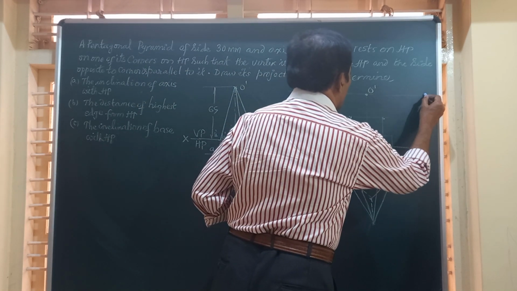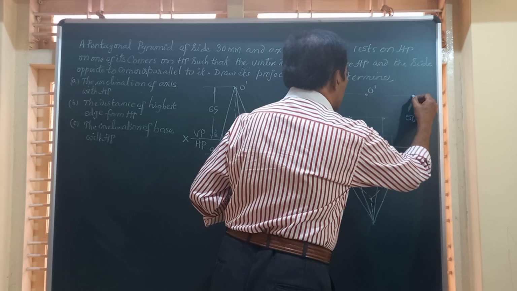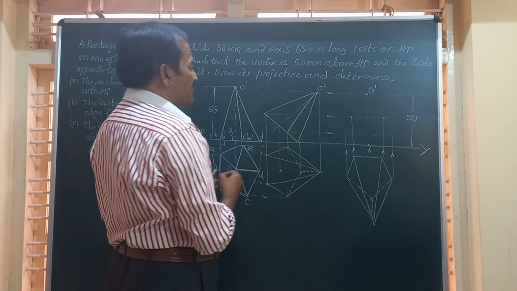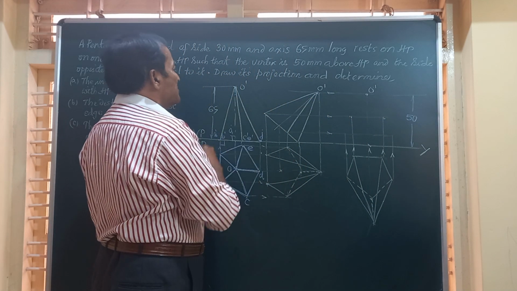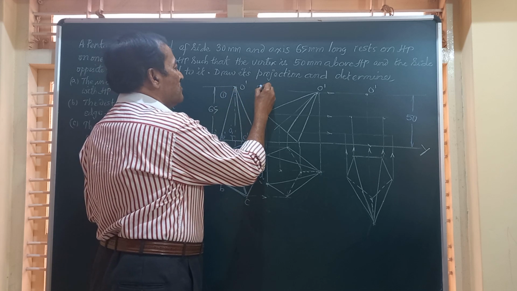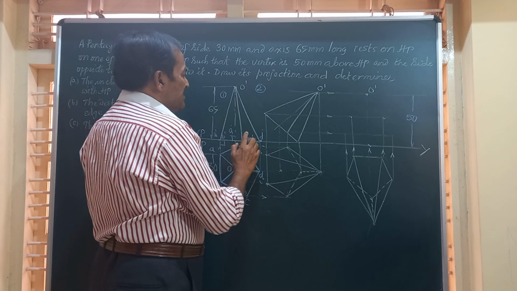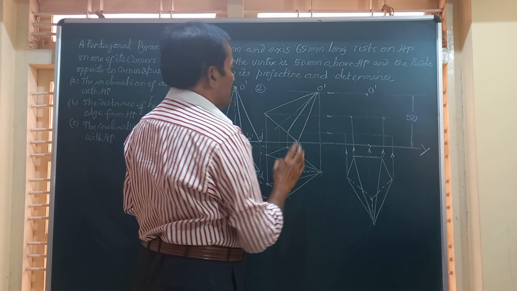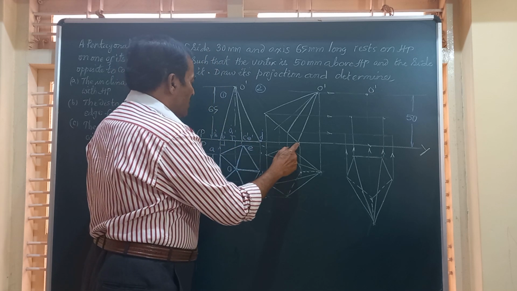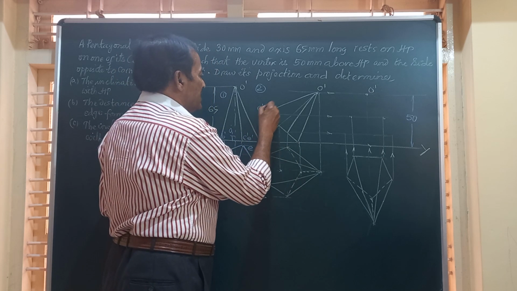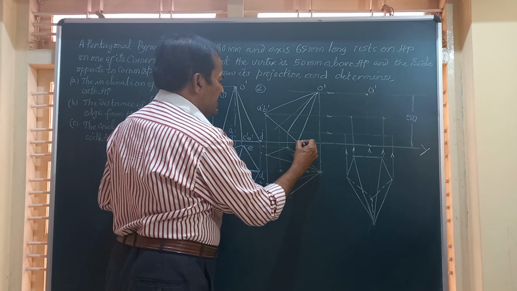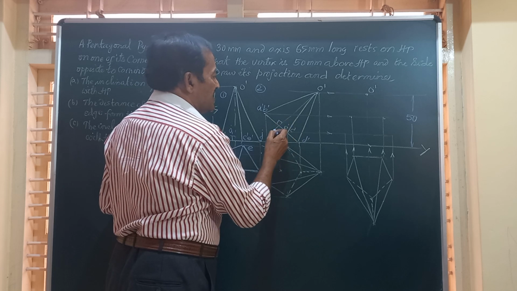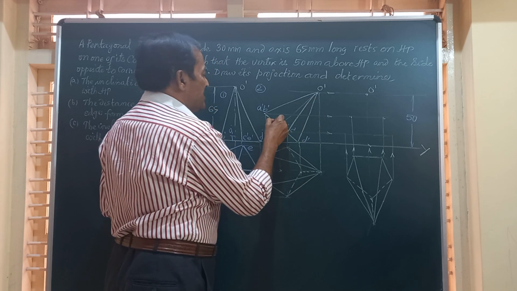So I will show here, I just mark a line at a height of 50 millimeter above HP and obtain how to draw this, friends. Now friends, you are going to redraw this figure number 1 as figure number 2 here, such that this O dash should be at a height of 50 millimeter above HP. So the figure we draw here is A dash, B dash is the base of that, this is D dash, this is C dash, E dash, this is the axis center, that is O1 dash, center of the base.